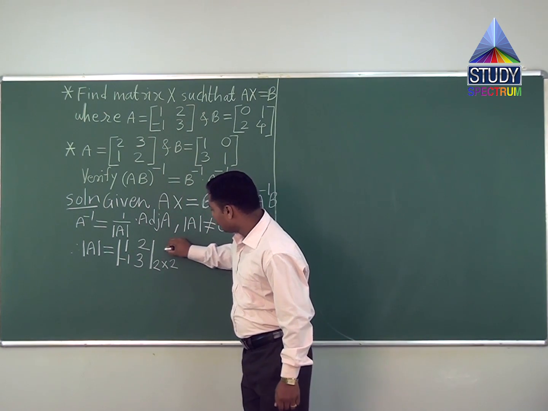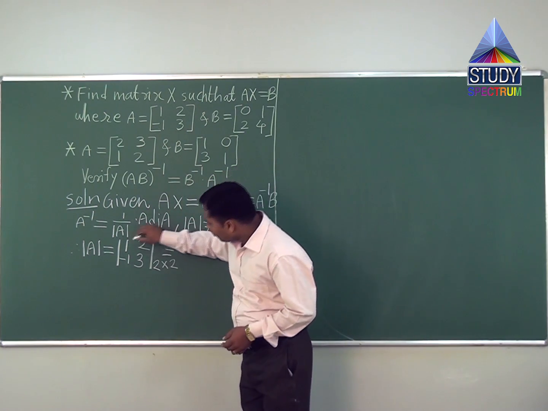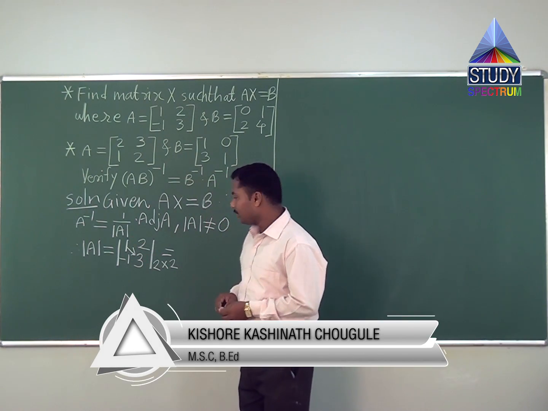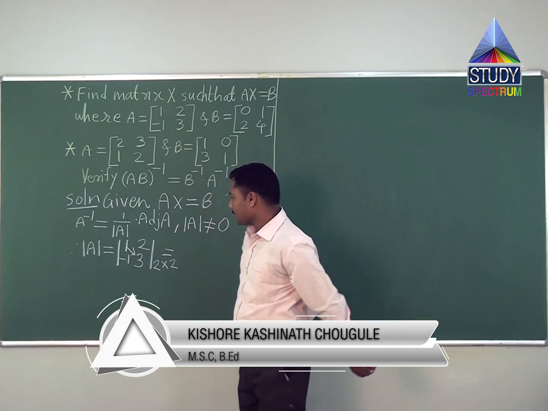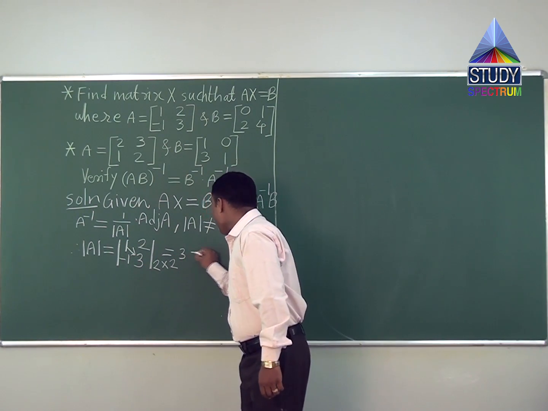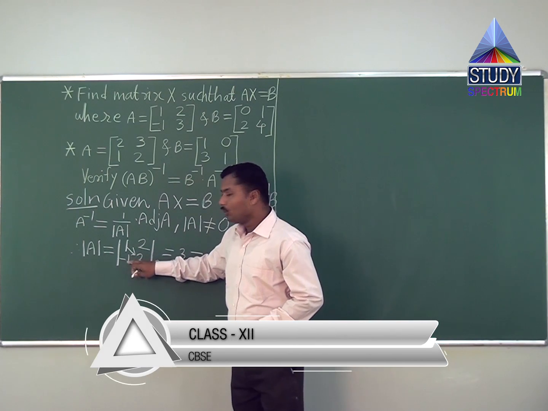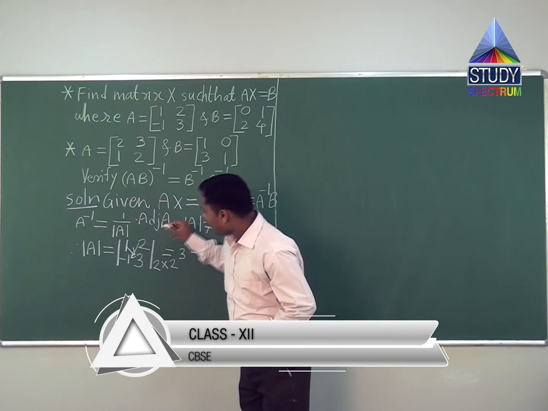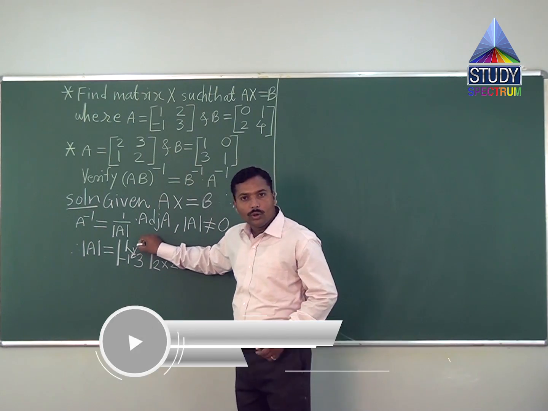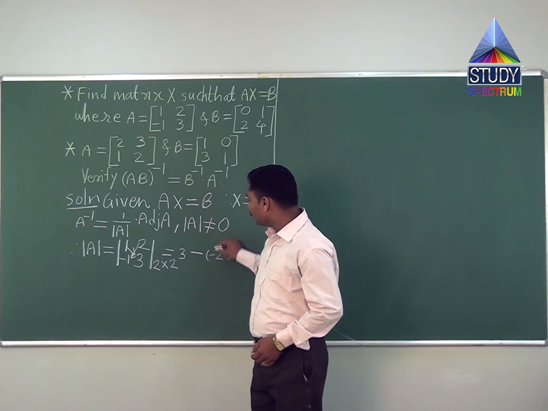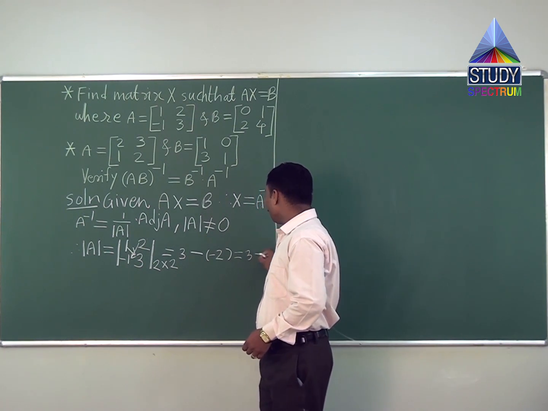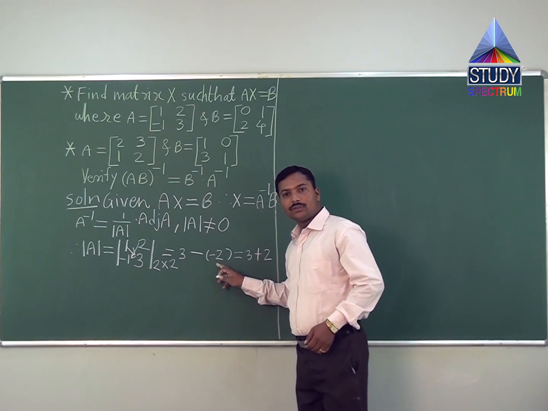So how to expand this? This first number 1 into this number 3, we take cross multiplication. 1 into 3, 3, minus 2 into minus 1 means again minus 2, and minus plus, 3 plus 2.